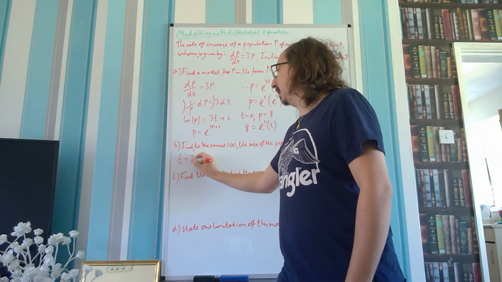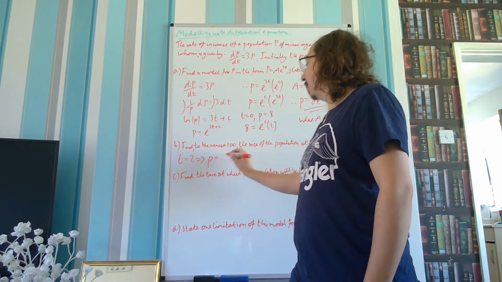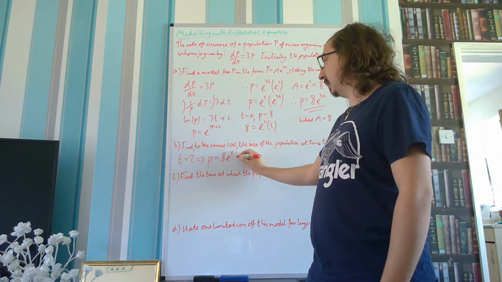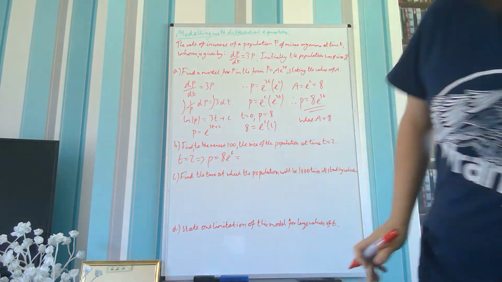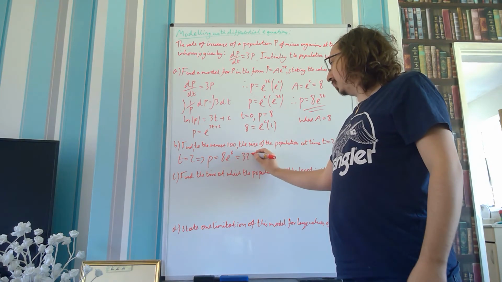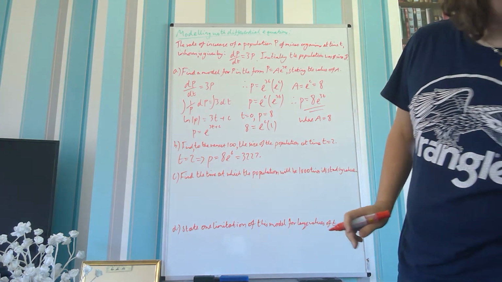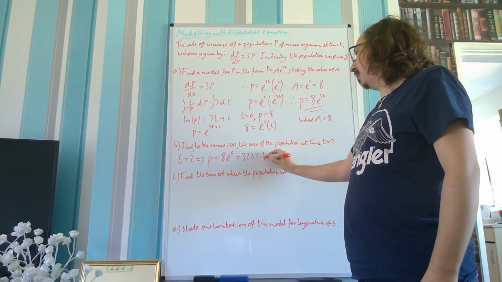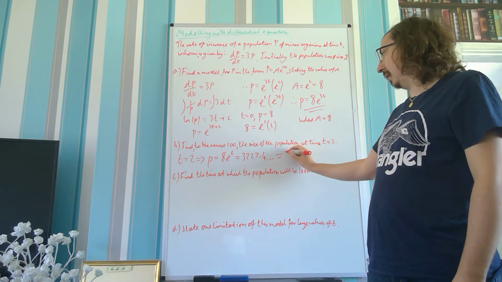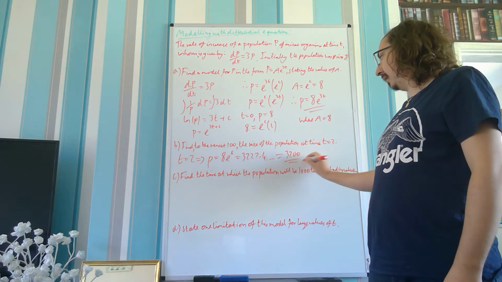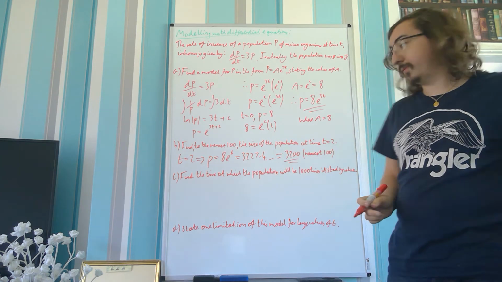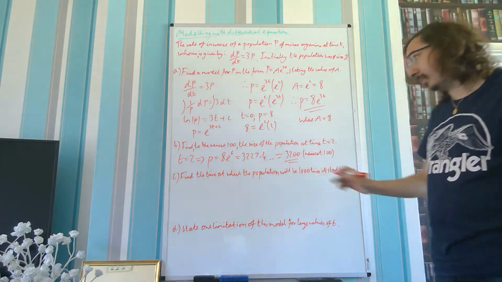So when t = 2, P = 8e^(3 times 2), which is e^6, and you go to your calculator and end up with 3,227.4 and so on. But it wants it to the nearest 100, so we can approximate that to 3,200. So that's a nice one for a mark.